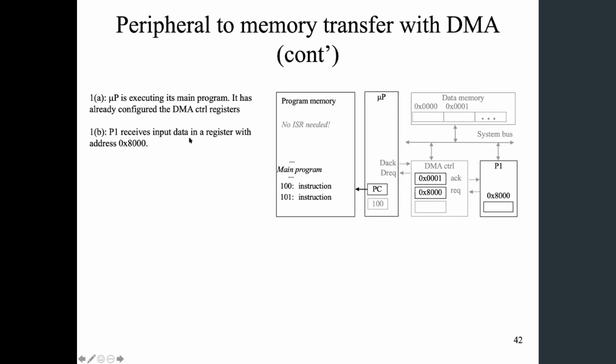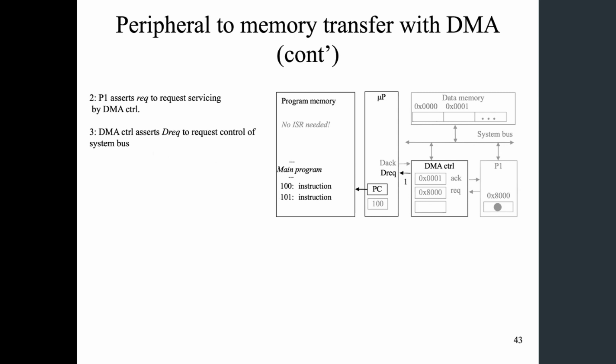So P1 receives input data in a register with the address 8000, we saw before. And then P1 asserts request to request servicing by DMA controller. And the DMA controller asserts the acknowledgement.